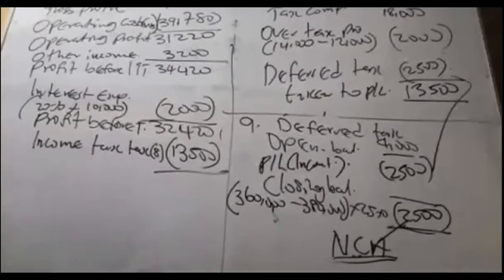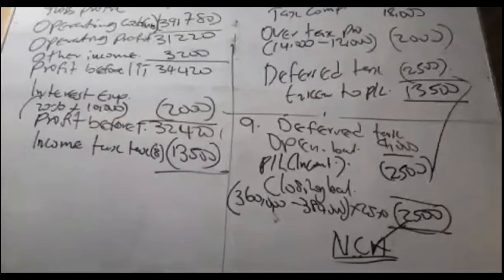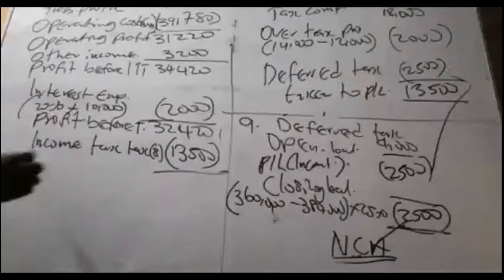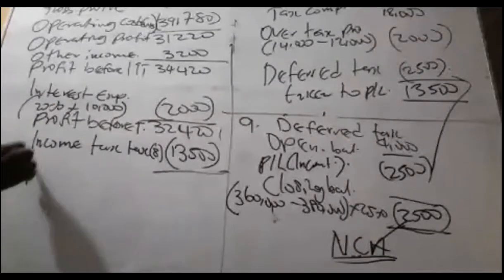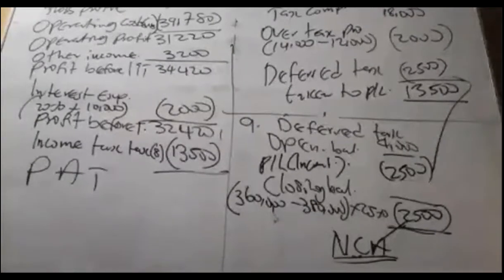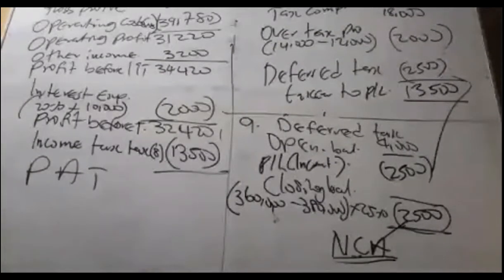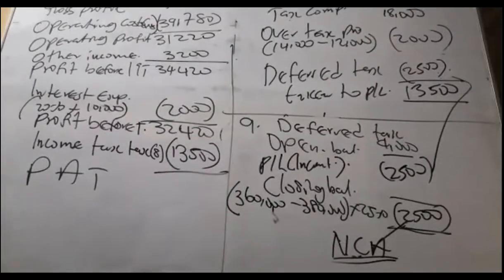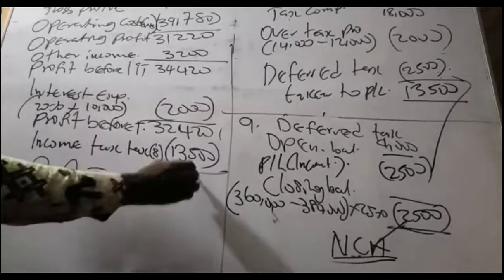So therefore, in short, the non-current assets now are 3: PPE, investment property, and then deferred tax assets. That's all. Now, what's the profit after tax or profit for the year? So 32,420 less 13,500. So that'll give us 18,920, right?